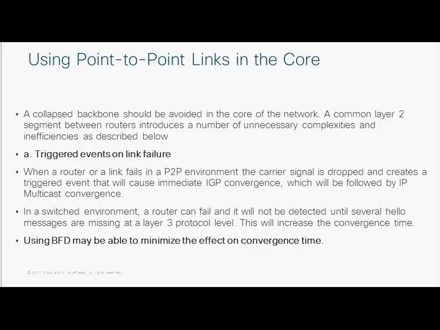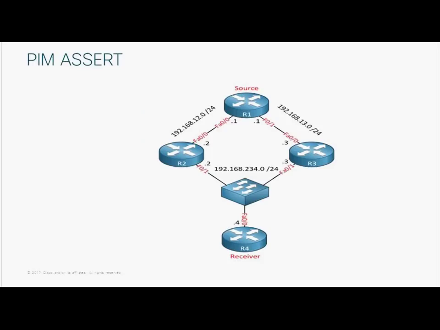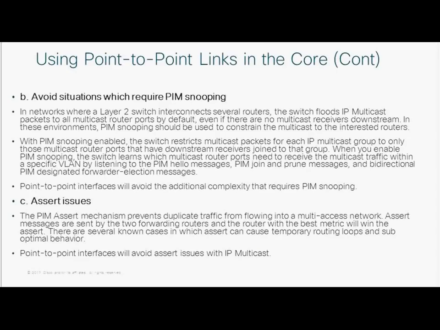One of the recommendations is we should use point-to-point links in the core. This is because when we have layer 2 links between core switches, sometimes we have unneeded complexity, okay? So the way that we design that core is important because, when we have the complexity of layer 2, sometimes we need, for example, spanning tree, and every time that the spanning tree changes, we will receive a topology change.